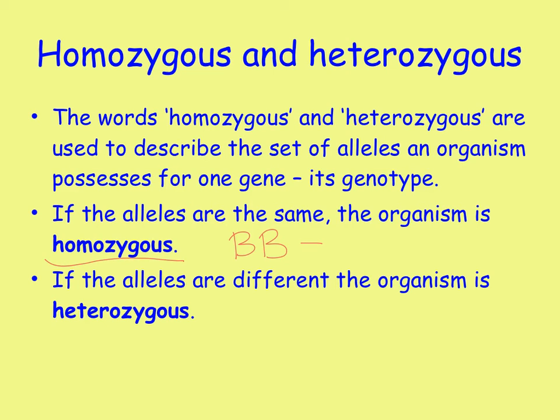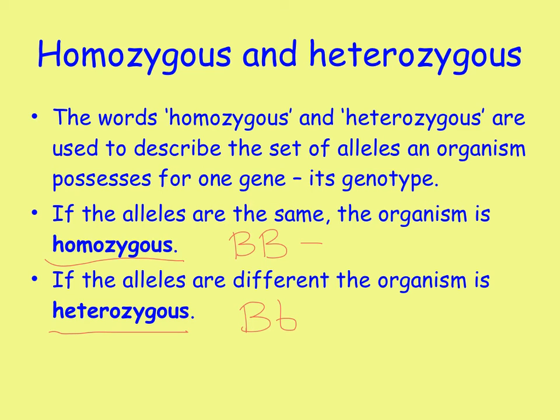If on the other hand you've got a situation like this, where there's a big B and a little b, and this was looking at eye colour, this individual would still be brown-eyed, but this is known as being heterozygous for the characteristic.